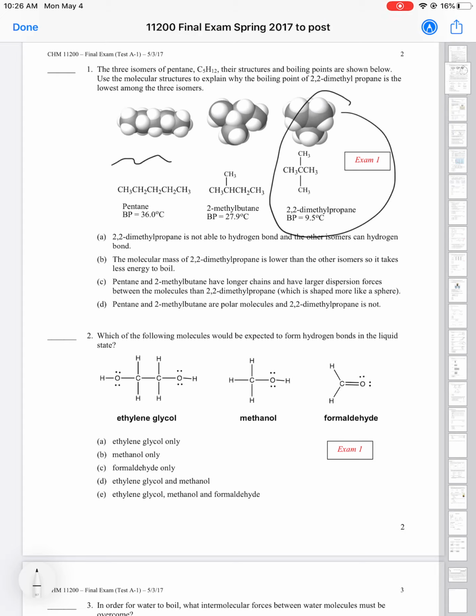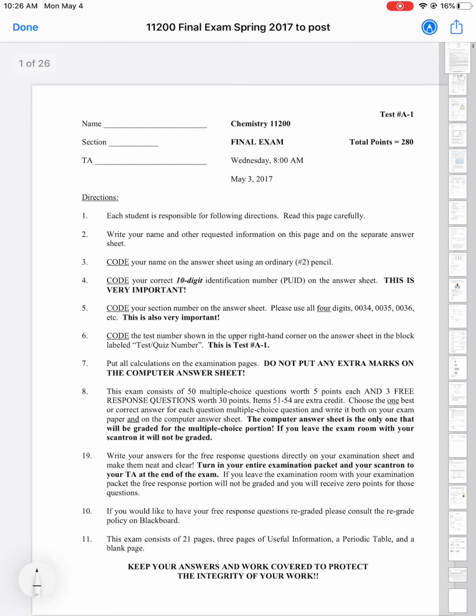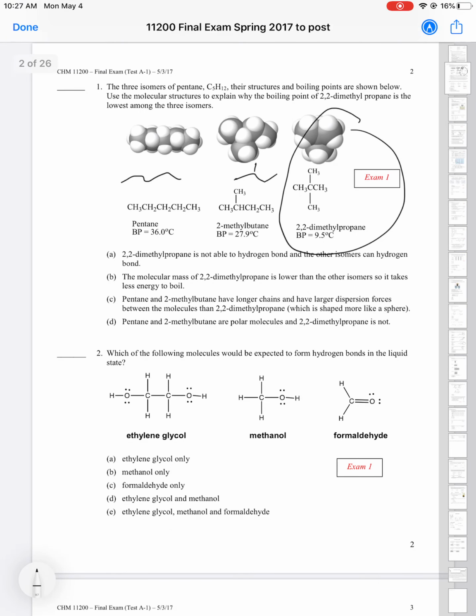Let's draw 1, 2, 3, 4, 5. And then we have butane that's also a little more spread out, but pentane is super spread out, right? It's almost a ball.